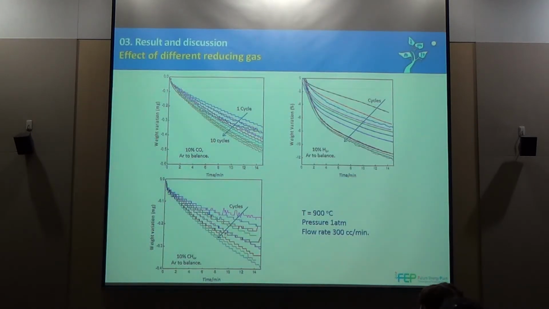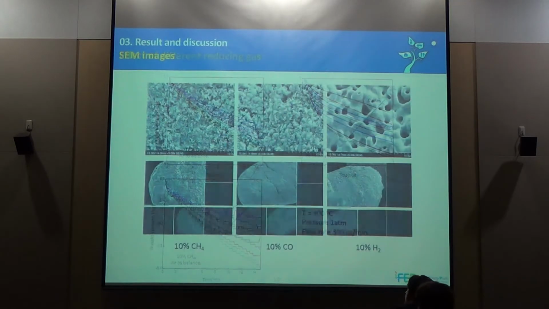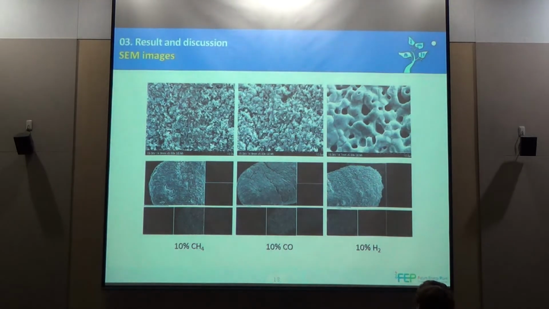Some general results I would like to introduce: the mass loss of ilmenite, compared to other syngas, is highest with hydrogen when reducing. Mass loss means the oxygen transport capacity of ilmenite, and this is the test condition, as in the SEM image.